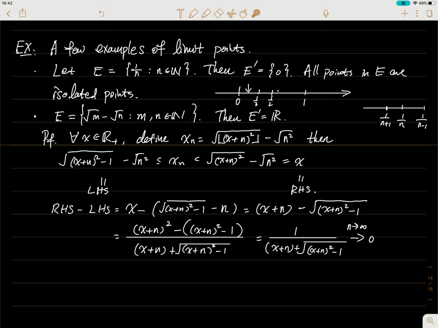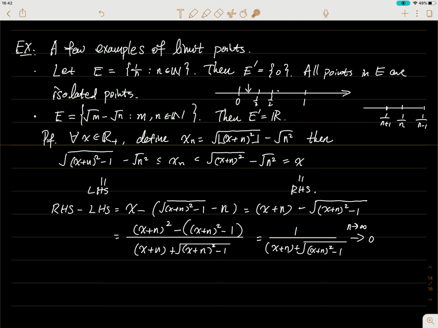So we can prove the case for all the negative real numbers as well. And it's easy to get the case for x equals 0. So let me show it for x greater than or equal to 0. Suppose x is greater than or equal to 0.